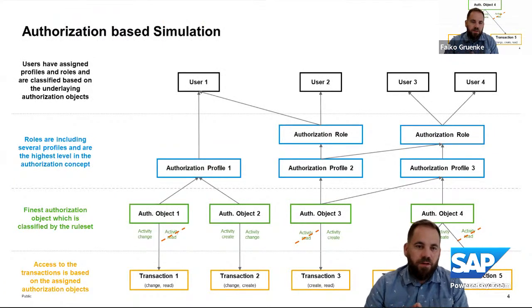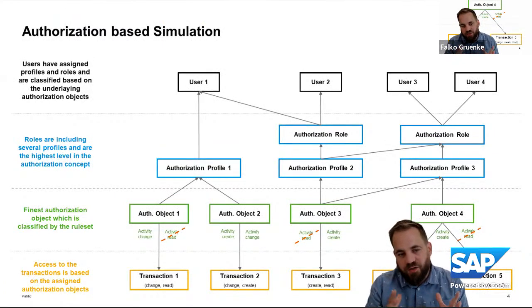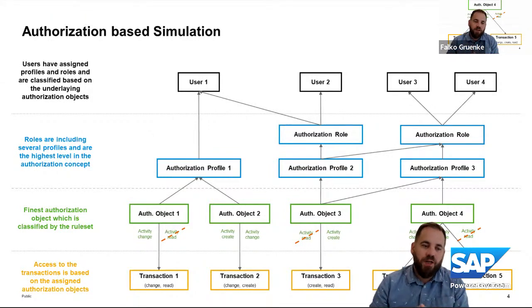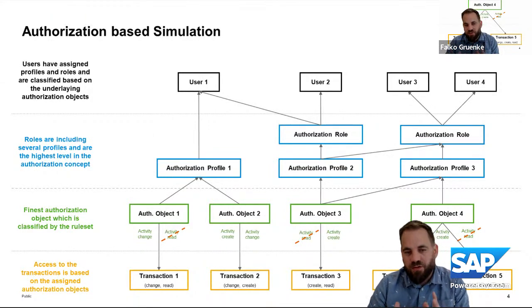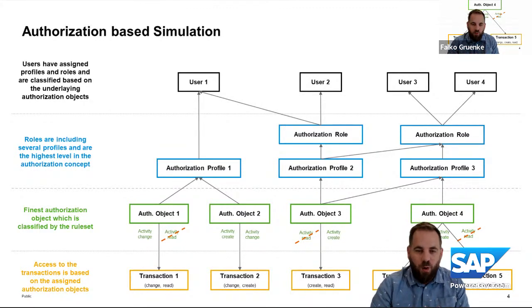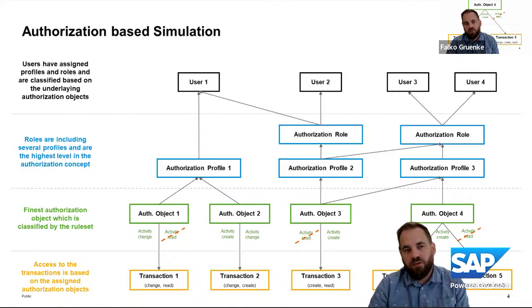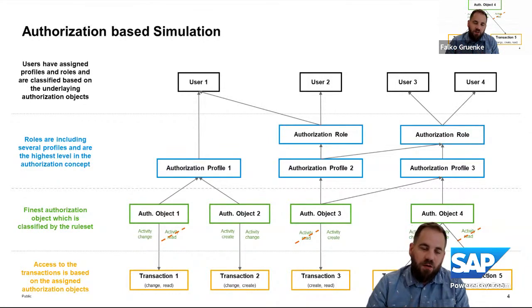So how are we doing this? I think everyone is potentially aware of this little overview here. When you have users in your system, you usually have assigned profiles or roles, but profiles and roles are pretty often adjusted and customized according to your personal requirements. So it would be a little too high level, and just looking at the standard profiles and roles wouldn't be sufficient.